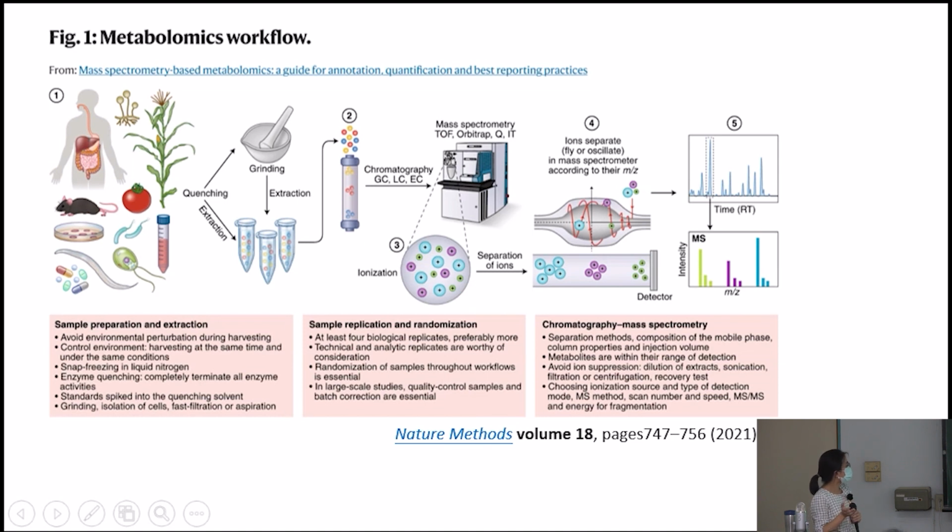Okay. So basically, when we do metabolomics, we need to collect our samples. Since we mentioned that metabolism is complicated and determines different physiological responses, metabolites have different patterns at different stages or different time points. So if you are unable to harvest your samples under the same conditions, they may reflect different physiological phenotypes.